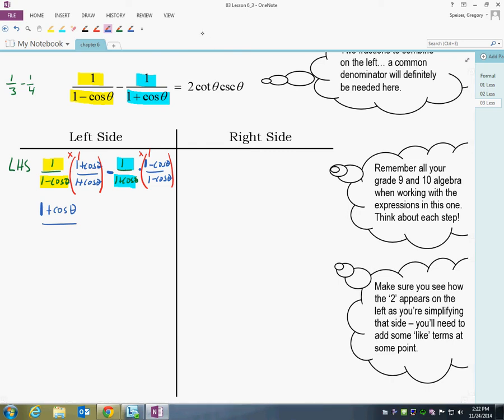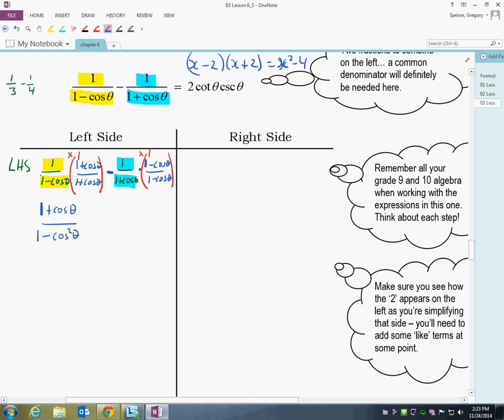So if I have x minus 2 times x plus 2, that's when we get x squared minus 2 squared, which is 4. So that's the same thing we're going to get here: x squared minus 4 is the same idea, but we're going to get 1 minus cos squared theta.